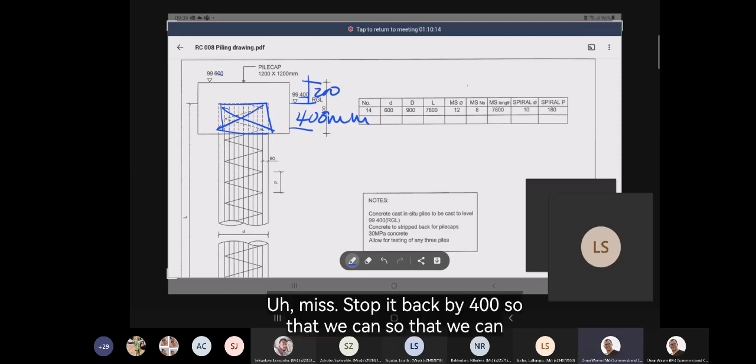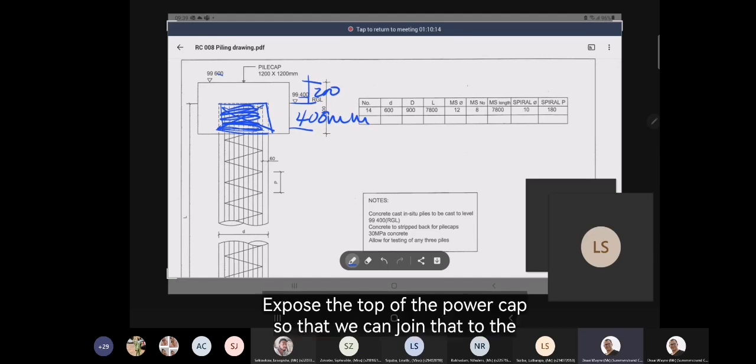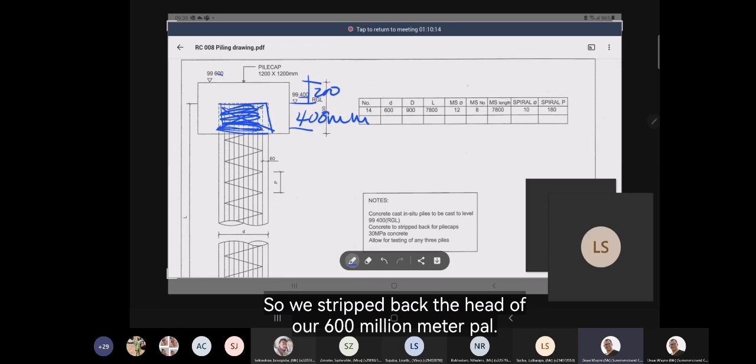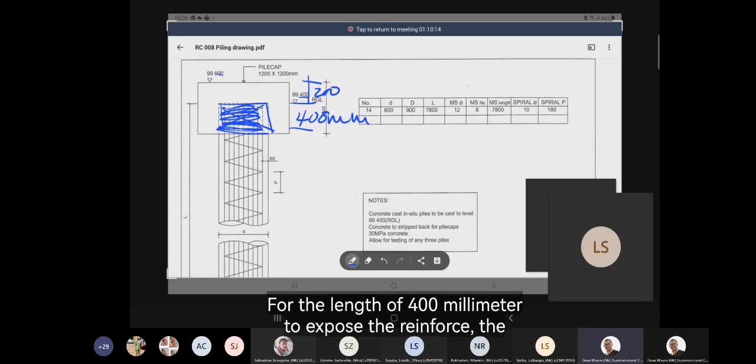we strip it back by 400 so that we can expose the top of the pile cap. Expose the top of the pile cap so that we can join that to the structure that will go over it into the pile cap and wherever it will be joined to. So we've stripped back the head of our 600 millimeter pile for a length of 400 millimeter to expose the reinforcement.